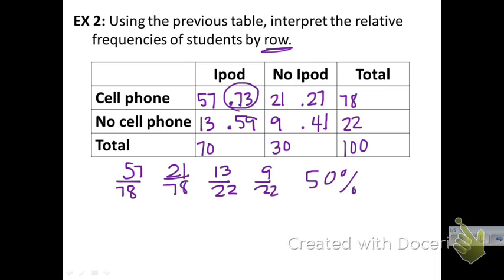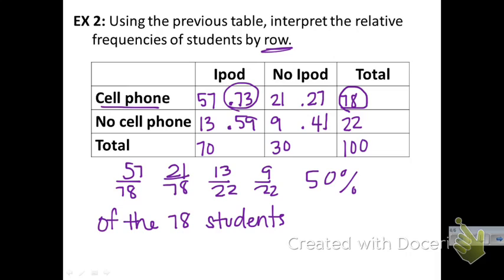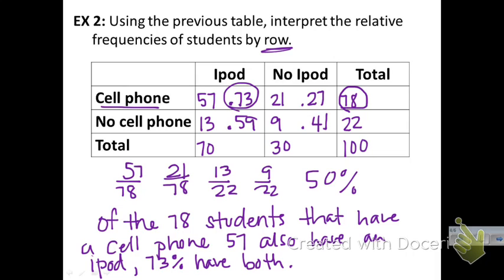So I'm going to say that out of the 78 students that had a cell phone, 73% of them also had an iPod. Okay, so of the 78 students that had a cell phone, 57 also had an iPod, or you could say 73% had both.